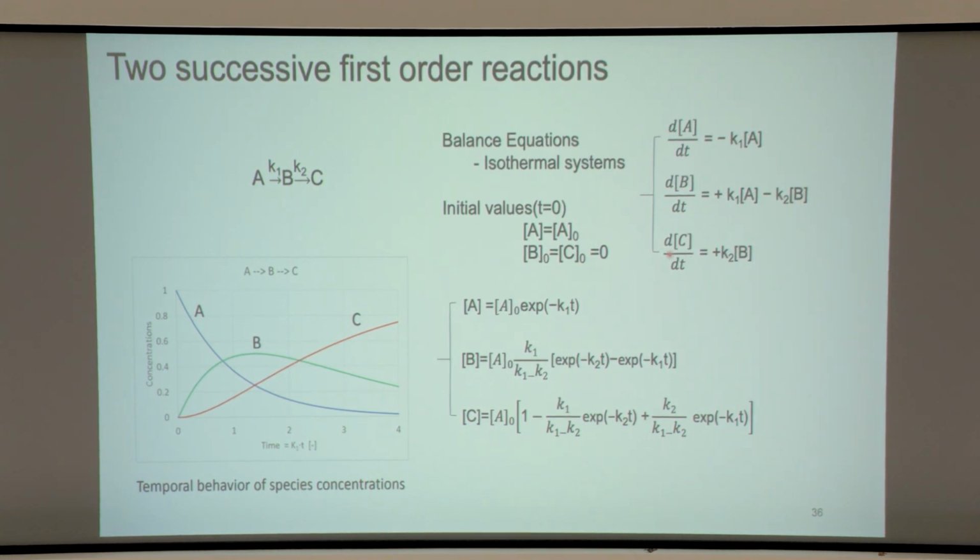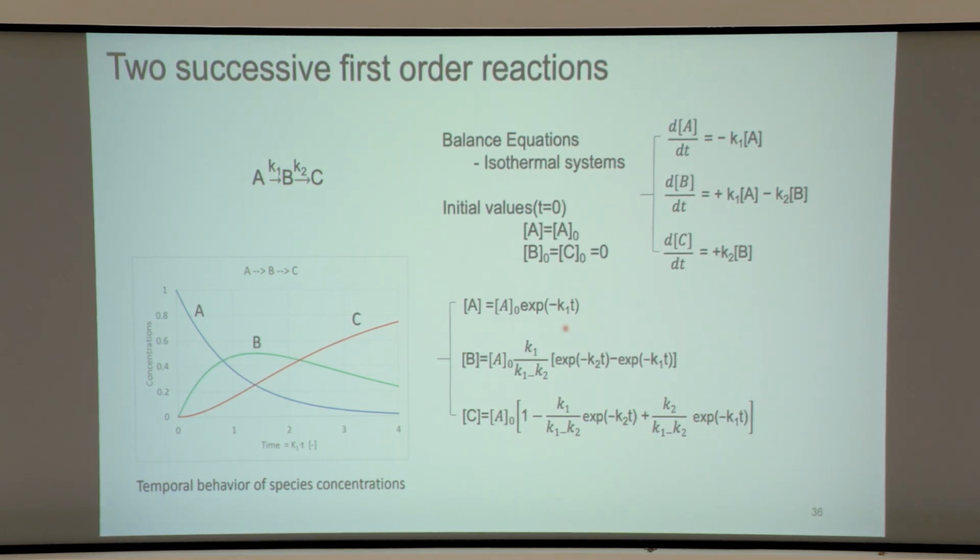And product C, dC by dt, is plus K2B. It's wholly formed by reactant B. And if we have initial values at time equals 0, A equals A naught, and concentrations of B naught and C naught are 0, we can make a simple set of equations like this.